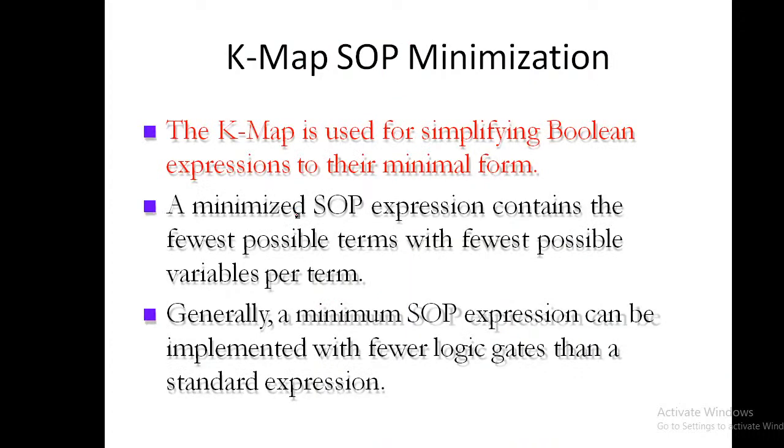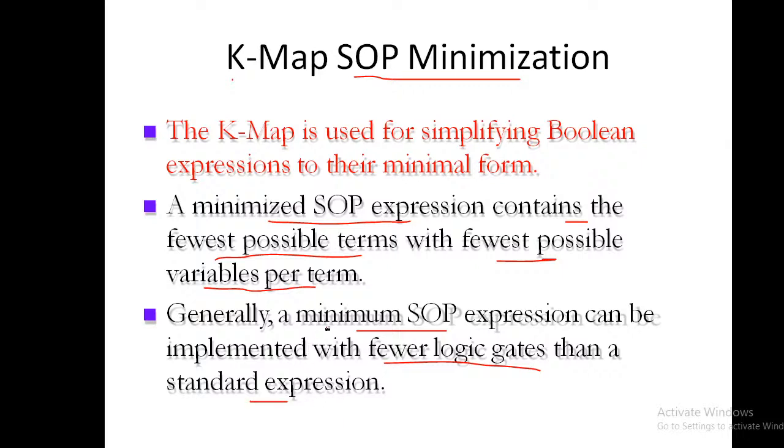Now the thing is that SOP minimization, I have told you previously, a minimized SOP expression contains the fewest possible terms with the fewest possible variables per term, okay, and generally a minimum SOP can be implemented with fewer gates rather than a standard expression, okay, that we need to understand.